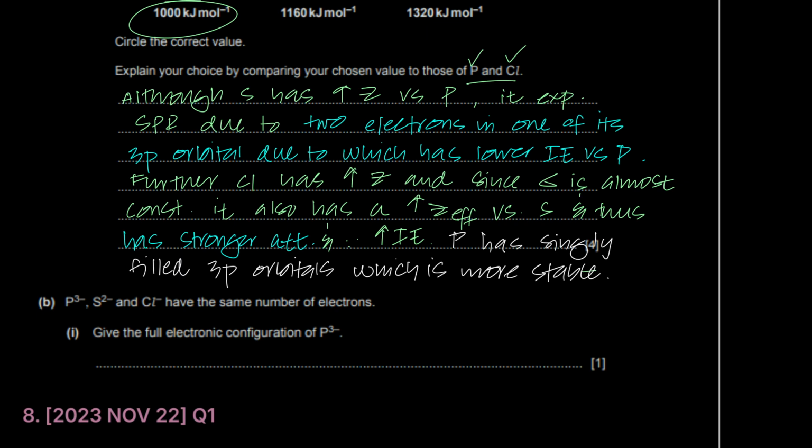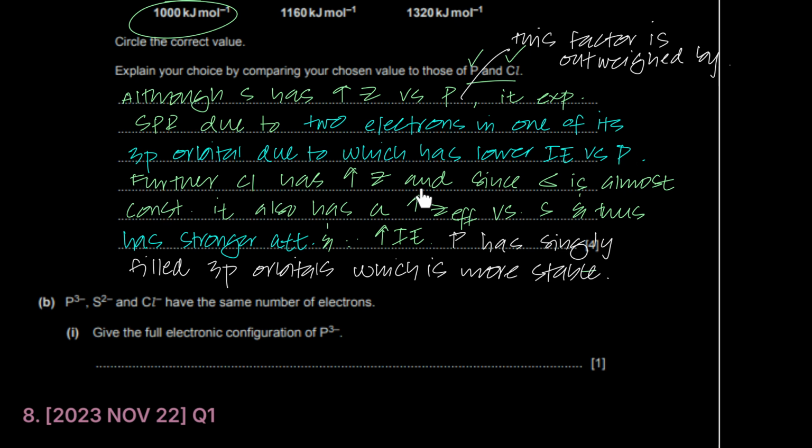And you could have said that although sulfur has a higher nuclear charge versus phosphorus, this factor is outweighed by it experiencing spin pair repulsion due to two electrons in one of its 3p orbitals, due to which it has a lower ionization energy versus phosphorus.